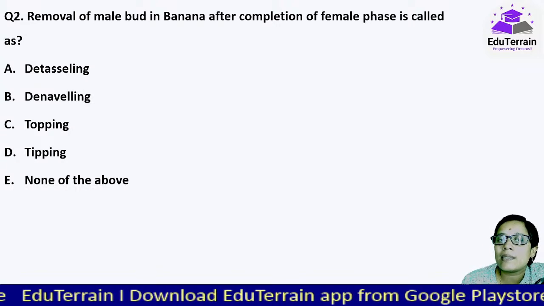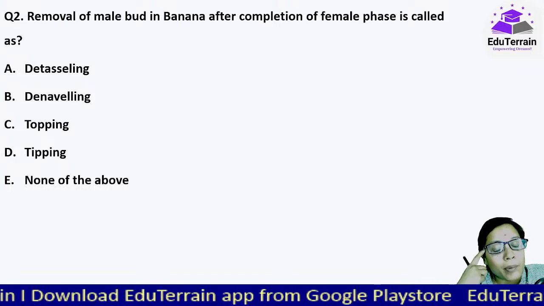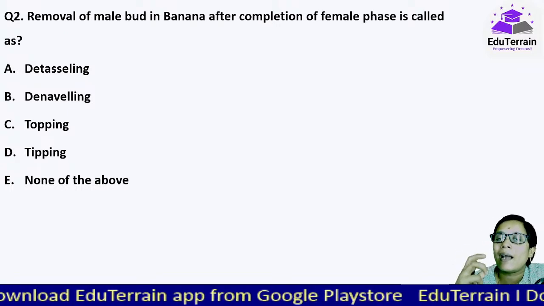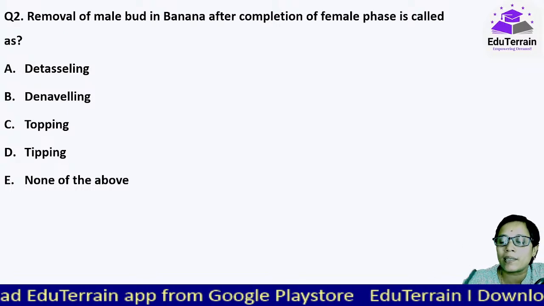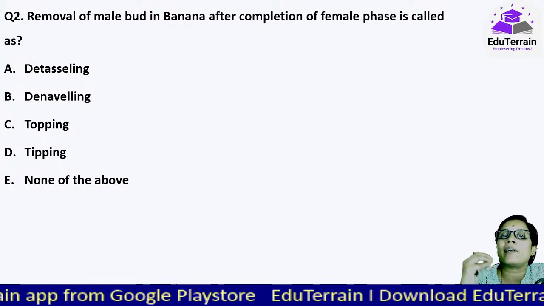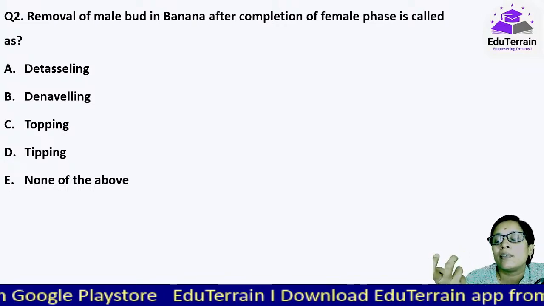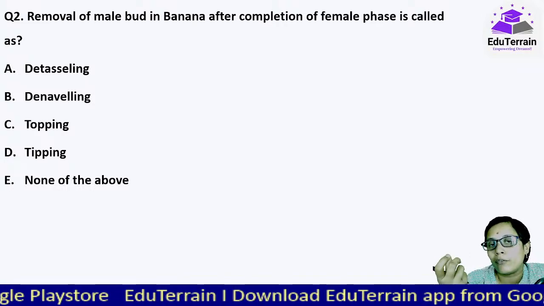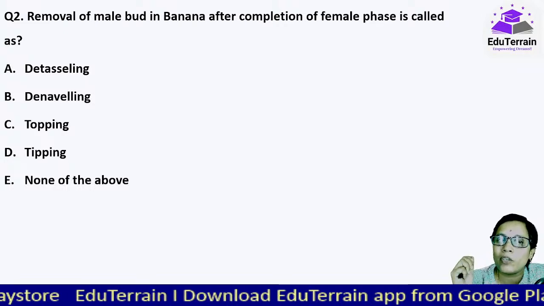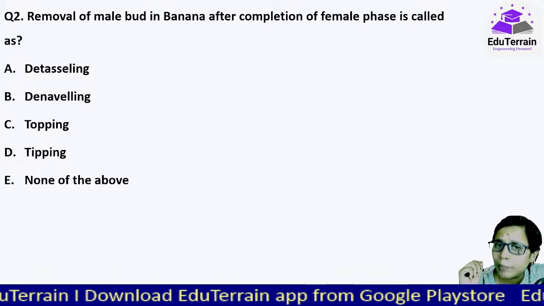But the thing is the food material that is prepared by photosynthesis, जो भी carbon sink है, one of that carbon sink is these male buds. In order to reduce that wastage, they are removed so that the growth of the fruits can be enhanced, for which the male buds are removed in banana.